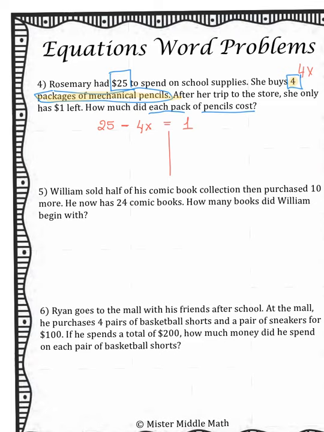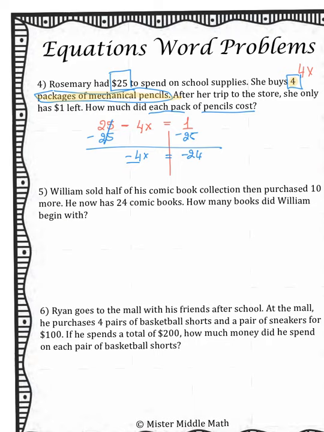So first I need to take away that 25. Take away 25 on both sides. So 25 minus 25 is 0. Whatever you don't use, you bring it down. Make sure you bring down the negative sign as well. So $1 take away 25 will leave you negative 24.